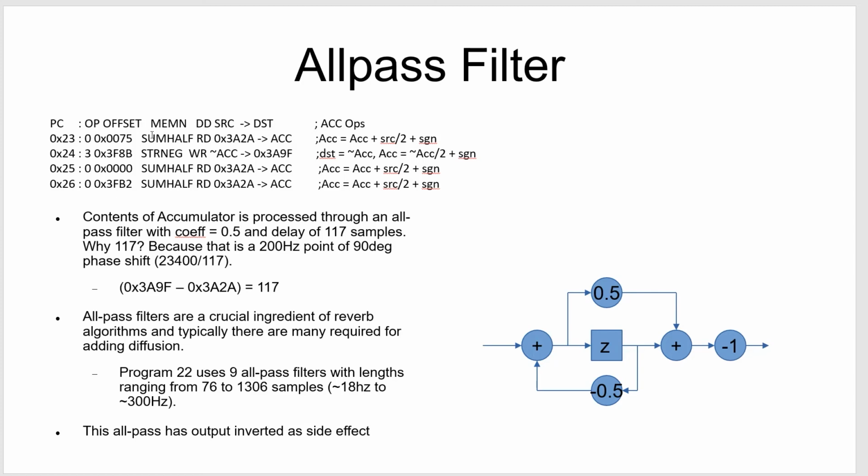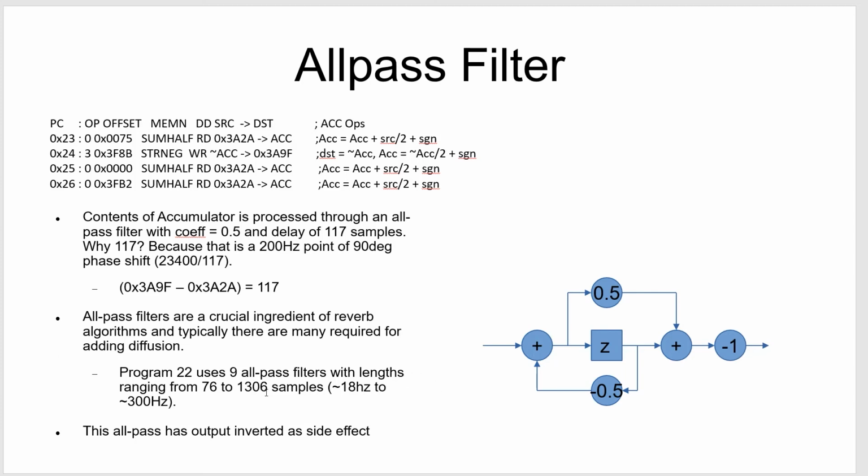Sorry, I didn't put that in there. Here's the 2A2 right here. So that's our 117. Again, that's going to be a 200 hertz point of 90-degree phase shift, which is our sample rate divided by 117. It's exactly 200, by the way. And so we're going to talk about program 22, which is a little reverb at the end.